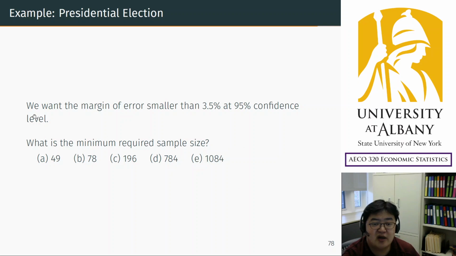Then I would like to reduce the margin of error to 3.5 percentage points without changing the confidence level. What is the minimum sample size needed? Your exercise again. Try this.